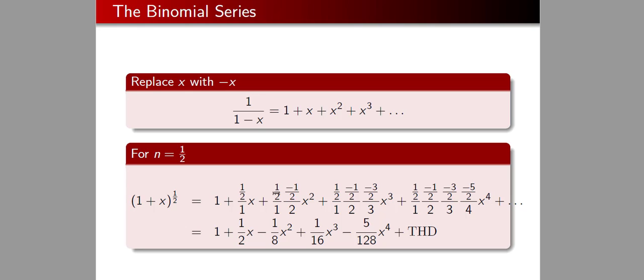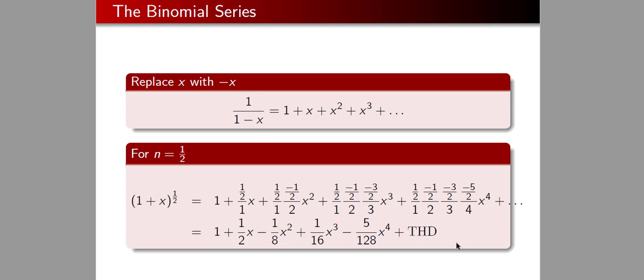Then I have 1/2, and then reduce that by 1, that's negative 1/2. Then we have on the denominator 1 and 2, building up the denominator. And so we continue in this way, building up. And we say, oh, we get to the 4th power, and let's just stop.